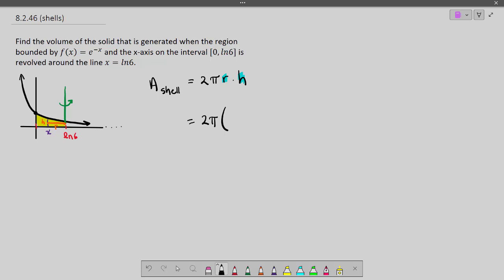But that one will take integration by parts because we've got this product in here. Okay, so the first one, we get e to the negative x divided by negative 1, reverse chain rule.